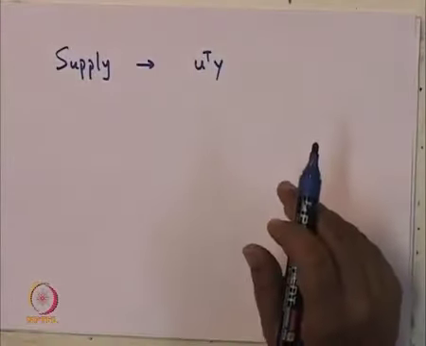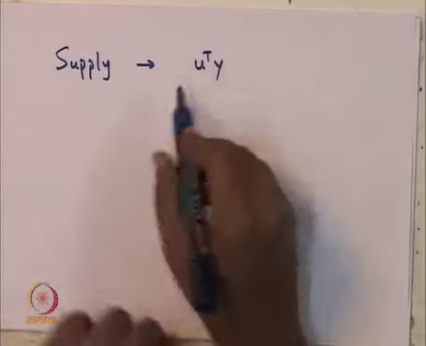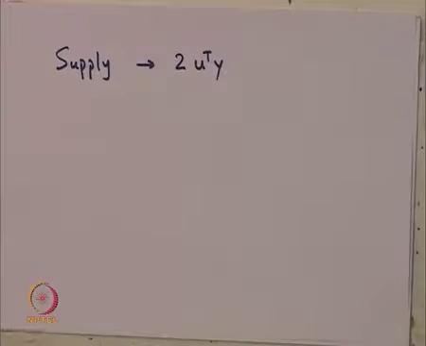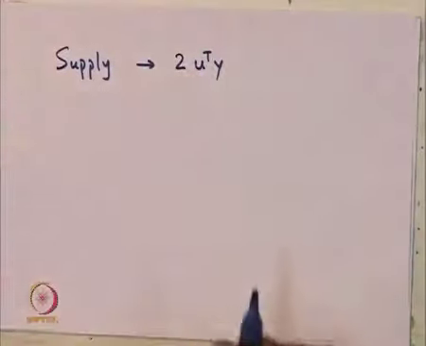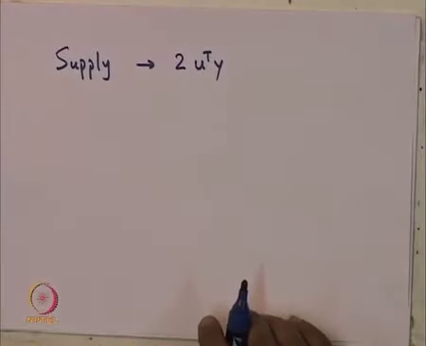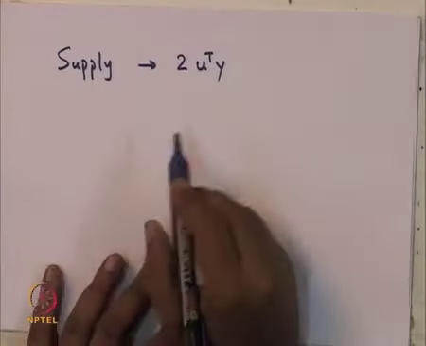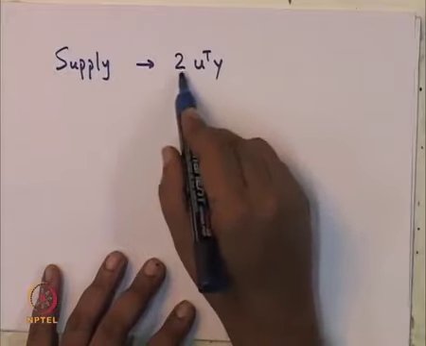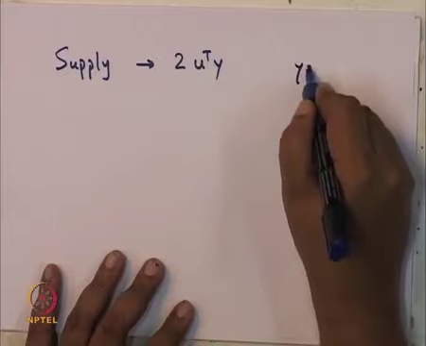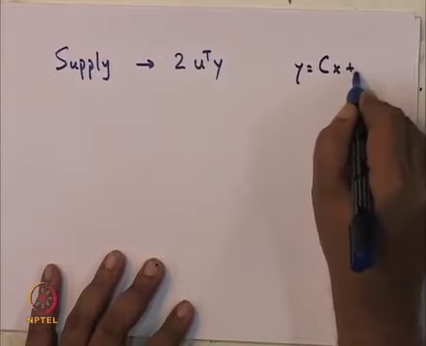So, I will compensate for that by taking the supply to be 2 times u transpose y. And you would see that this is just a play with constants. It really doesn't matter all that much. Now, so the supply is 2 times u transpose y, but from the state space equations we know y is C x plus D u.